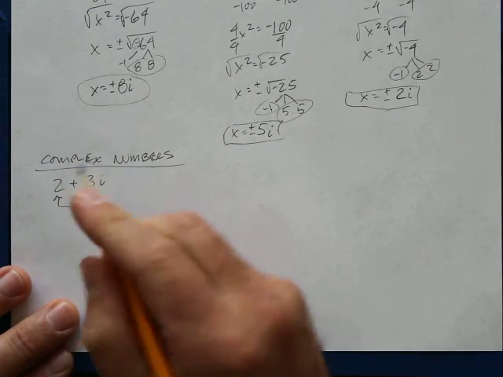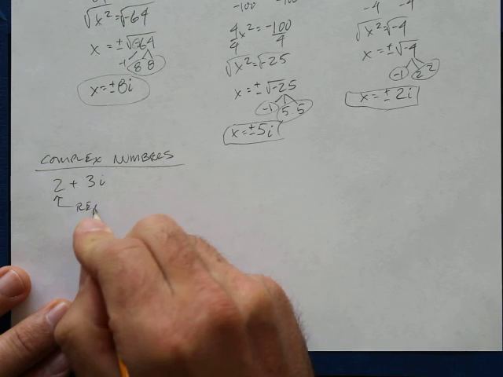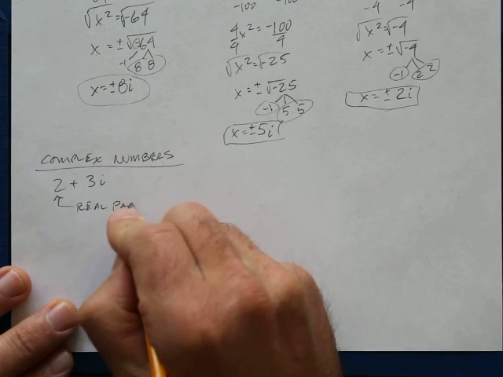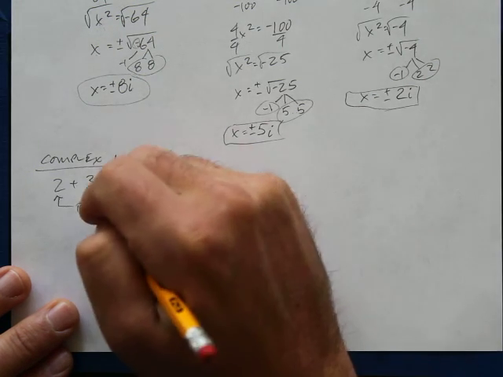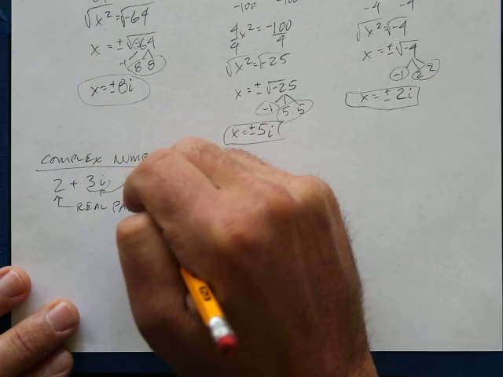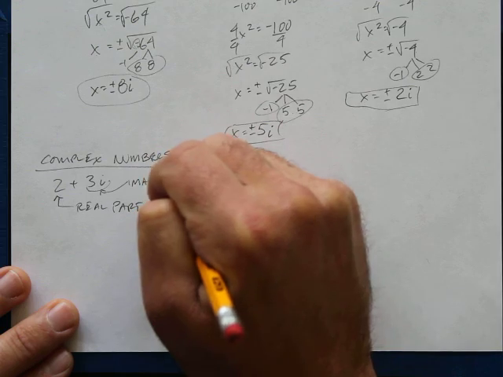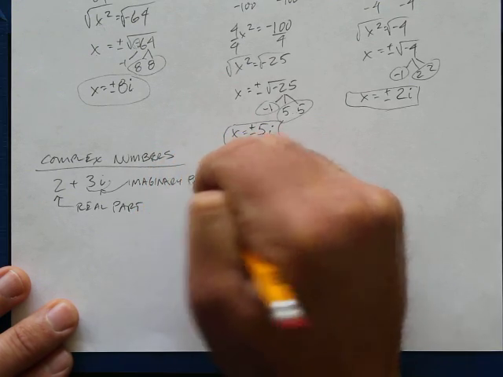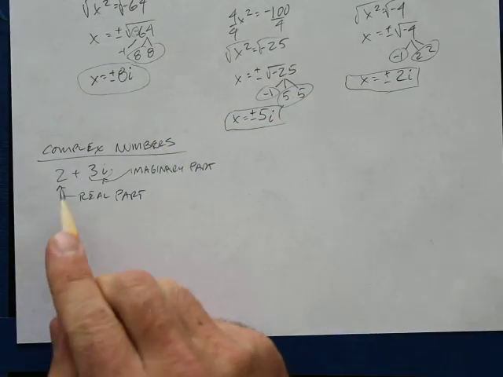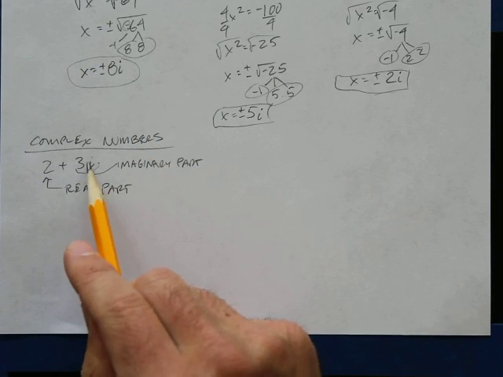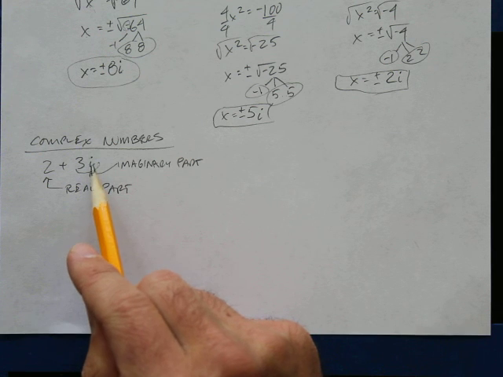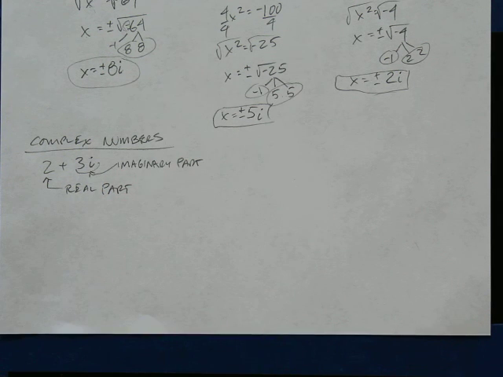I've got a real part and I've got an imaginary part. The real part is whatever number this is, and then I have an imaginary part that contains an imaginary number. This is a complex number.